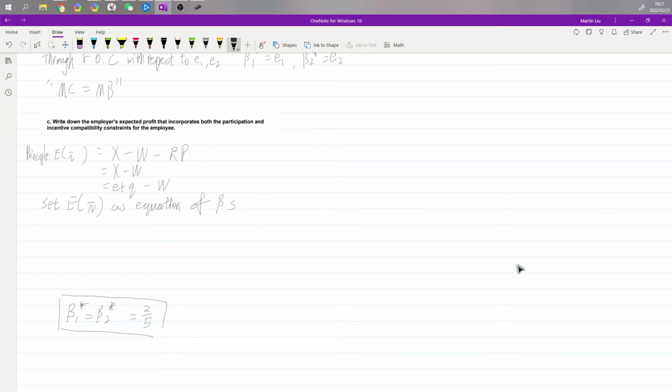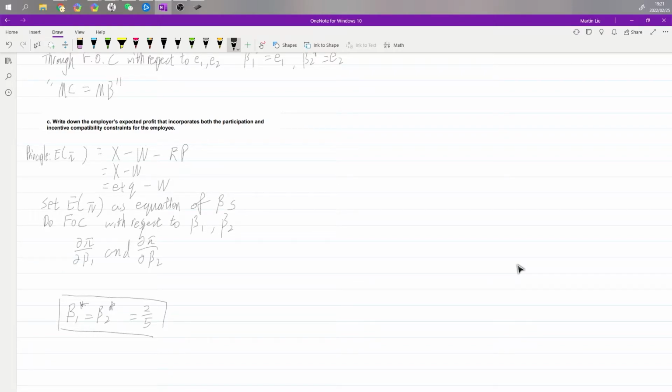So we set this expected profit as an equation of betas, and after setting that, we take the FOC with respect to beta 1 and beta 2 separately, that is d pi over d beta 1 and d pi over d beta 2.